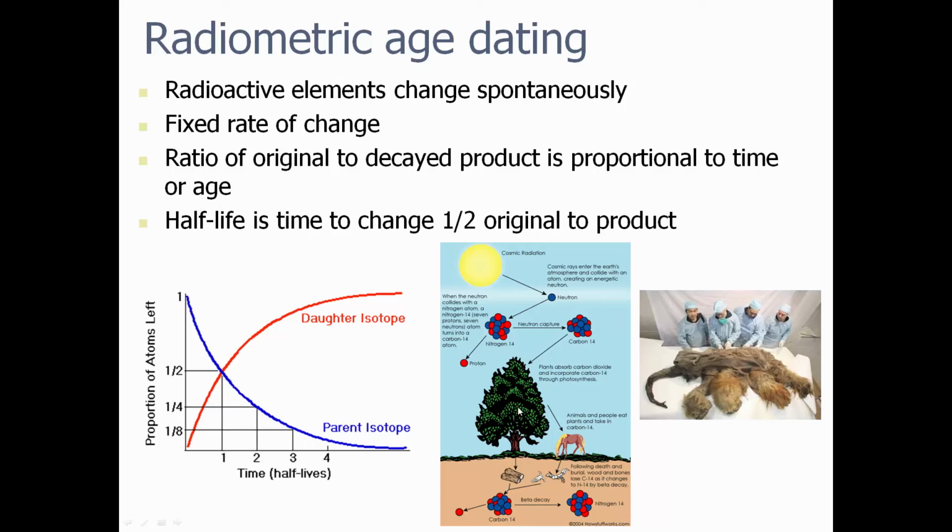And that's not true for every tree and every horse and every dinosaur, but it is true if you look at all the material and you average them, we do get a nice half-life. And then that same amount of time to get 1/4, 1/8, 1/16, and then it just keeps going down.